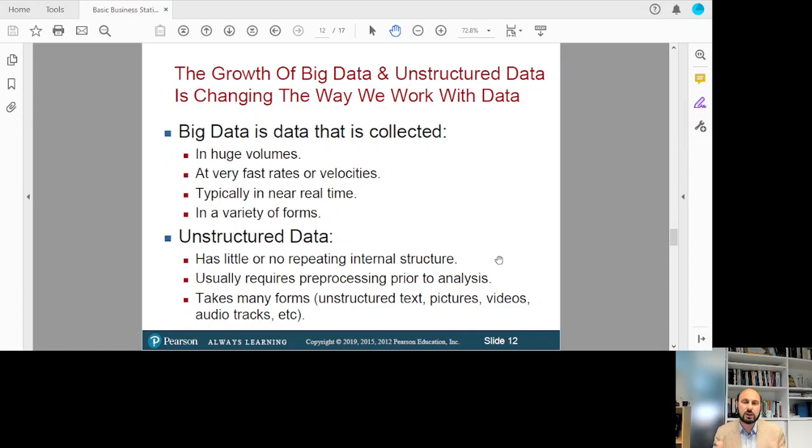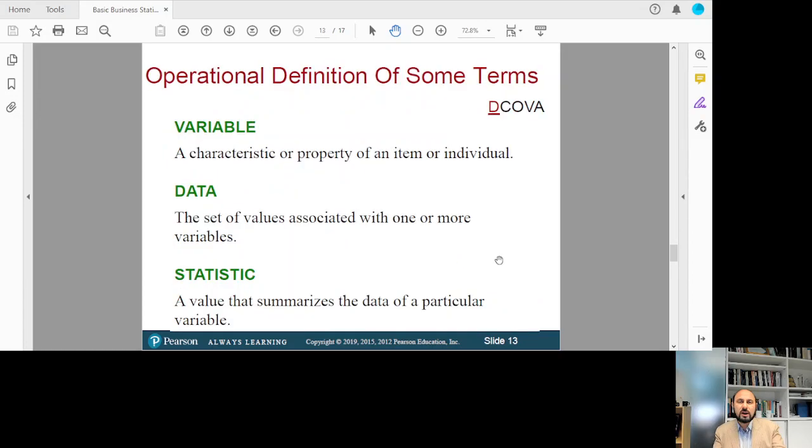Therefore, we have to convert that unstructured data into structured data and use appropriate analysis methods to reach a meaningful conclusion from that data. In order to do so, we have to understand and remember a number of terms used in statistics. One of them, which is very common, is variable, which is a characteristic or property of an item or an individual.